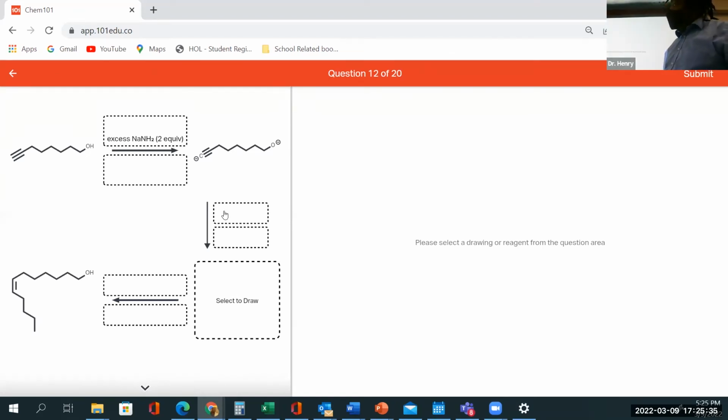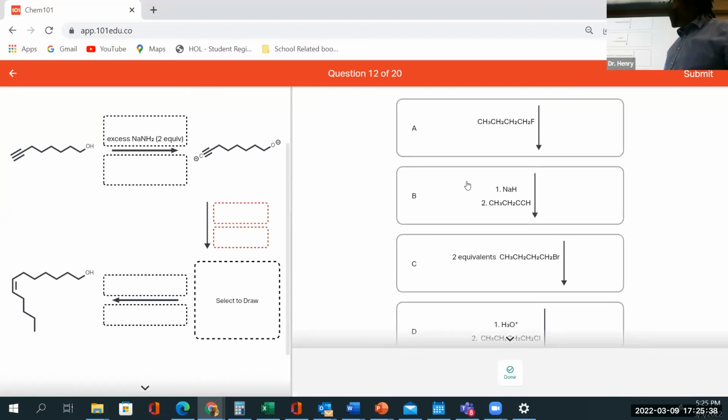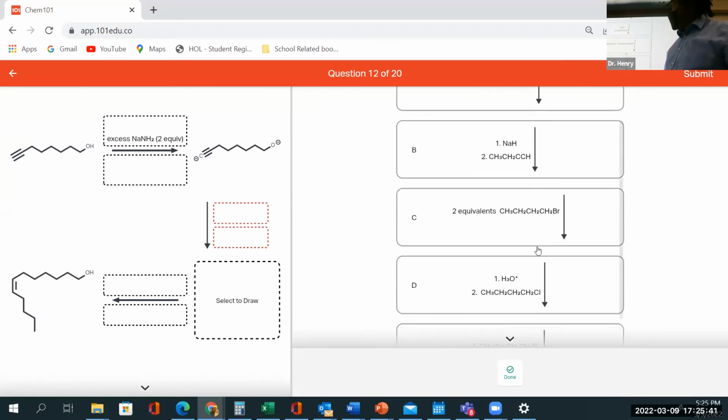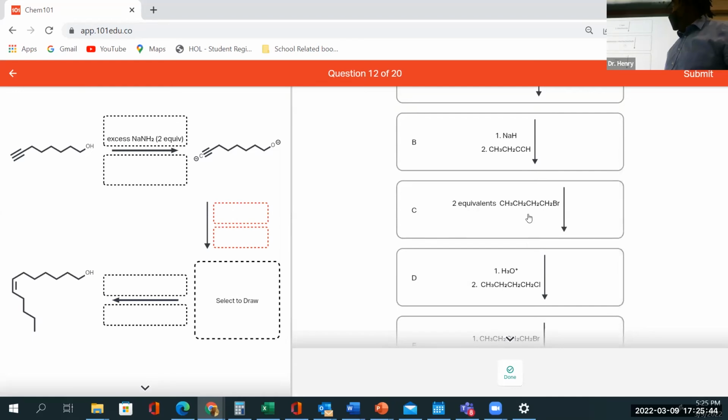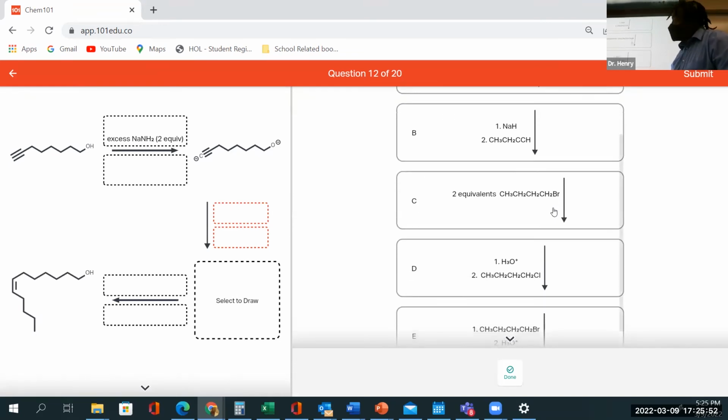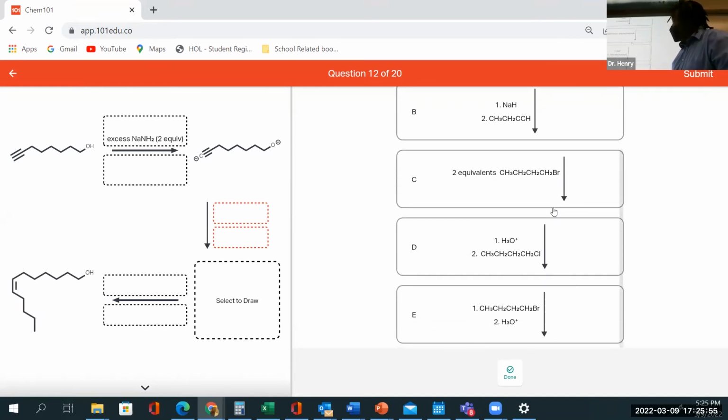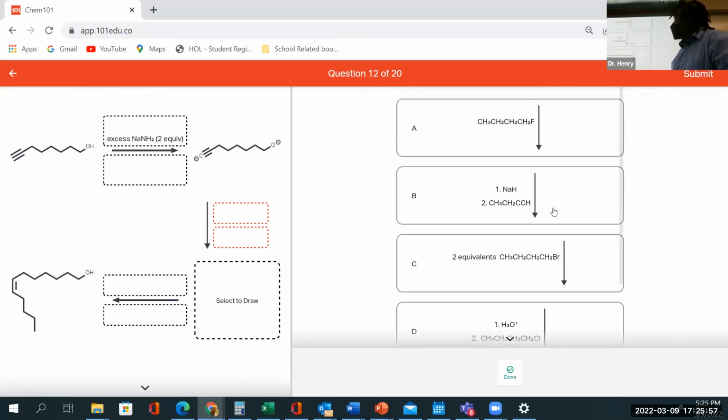So you're saying go here. Which one of these? So we have an alkane. We have an alkane halide. How many carbons are we adding? 1, 2, 3, 4.